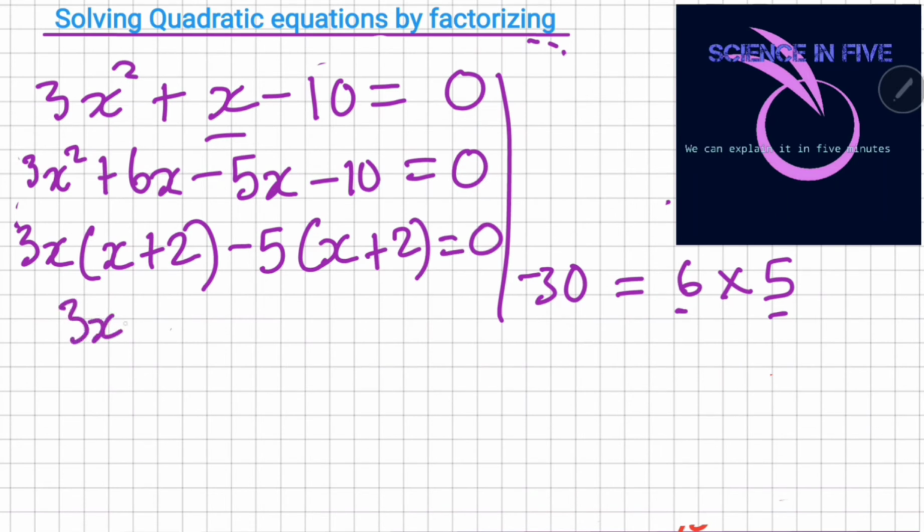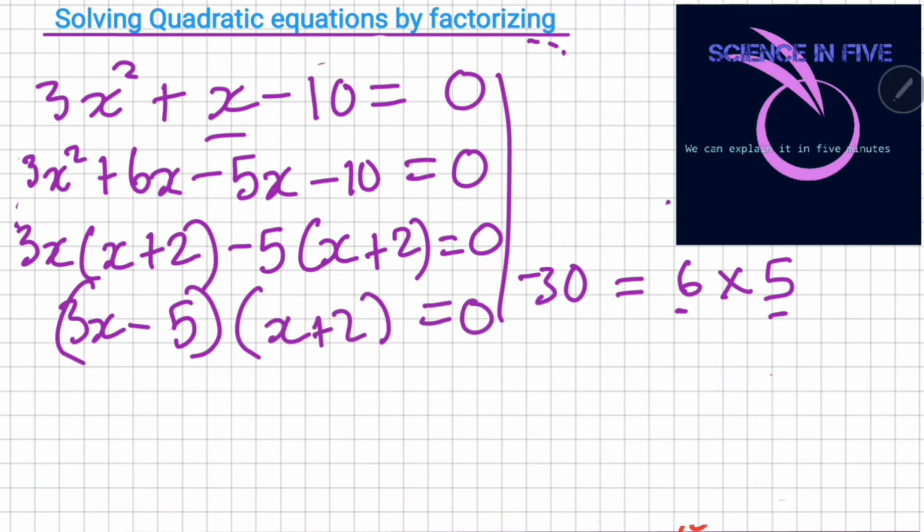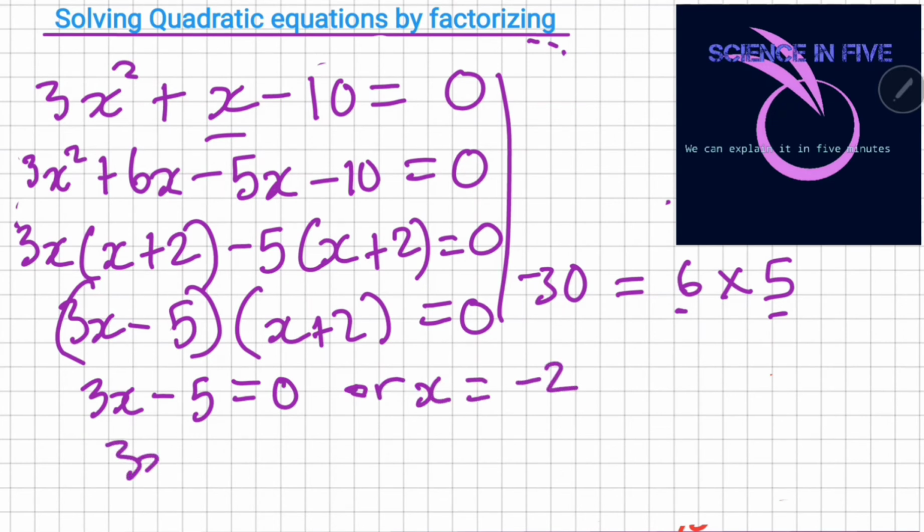So 3x minus 5 times x plus 2 equals 0. So here I can have 3x minus 5 equal to 0, or x equals minus 2. Solving here, 3x equals 5, divided by 3, x equals 5 over 3.